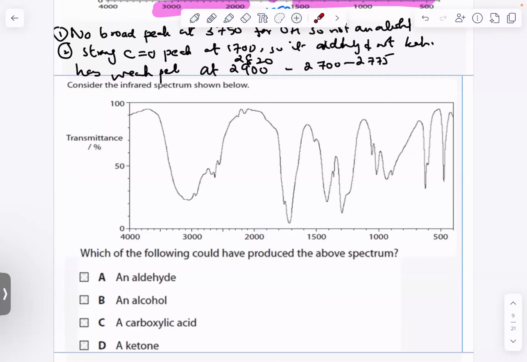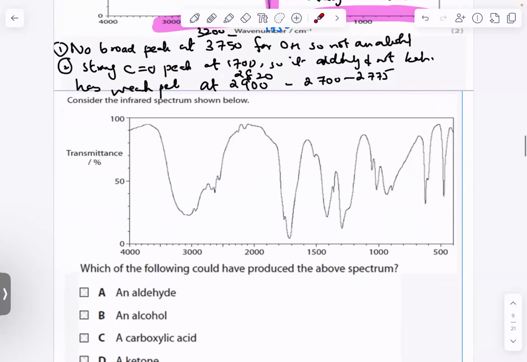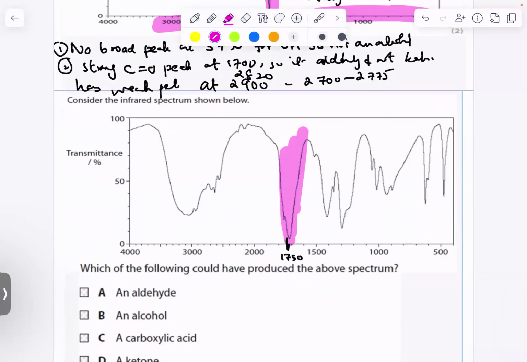First, you try to solve it on your own. But I don't have the numbers. If you don't have the numbers, can you identify this, which is around 1750, and this, which is around 3200? Yes or no?